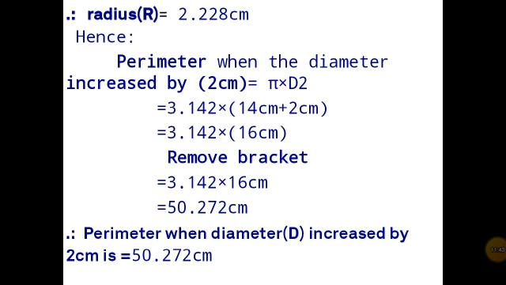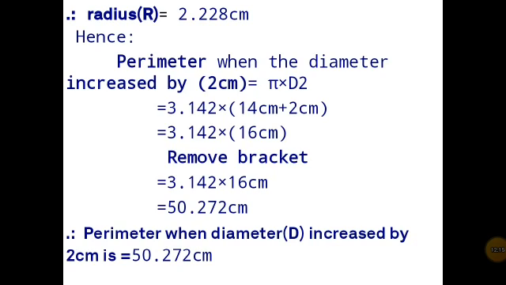How do we get pi d? You know that we said 2 times pi times radius, and 2 radius is a diameter. So we can have diameter represented as 2r. So therefore, we have pi d2. Why I said d2 was that it is an increased diameter. So in the solution, we have perimeter equals 3.142 times 14 centimeter plus 2 centimeter as an increased diameter.